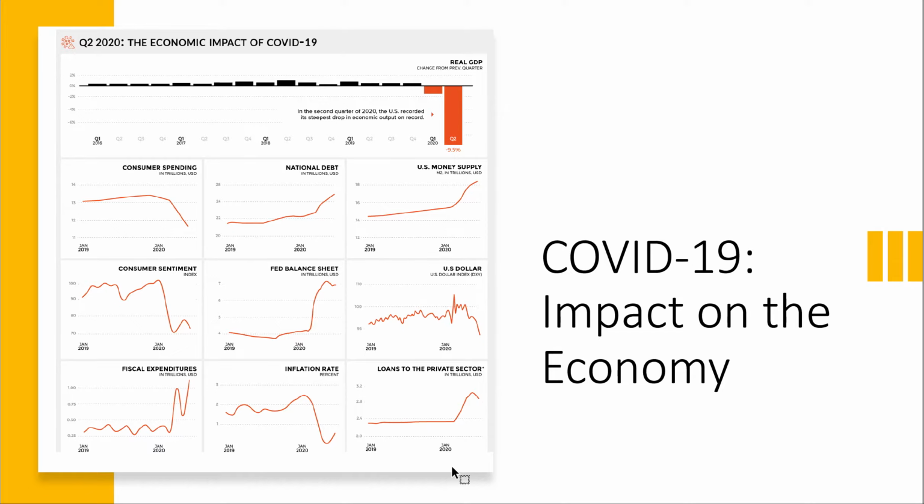U.S. dollar, the power of the dollar has fallen. Fiscal expenditures, how much money we're spending at the central level, has gone up quite a bit. Loans to the private sector, people again taking a loan to try to survive this impact. All of these changes are like things we've never seen before.